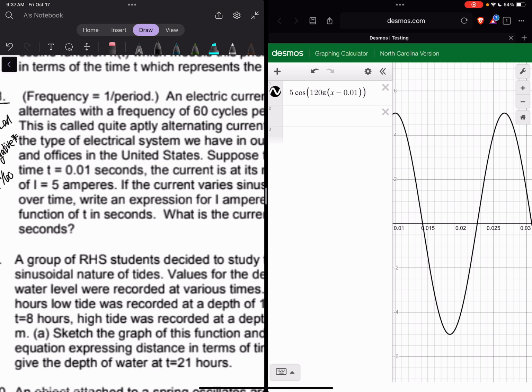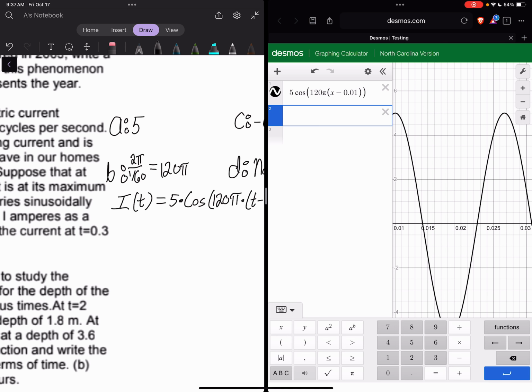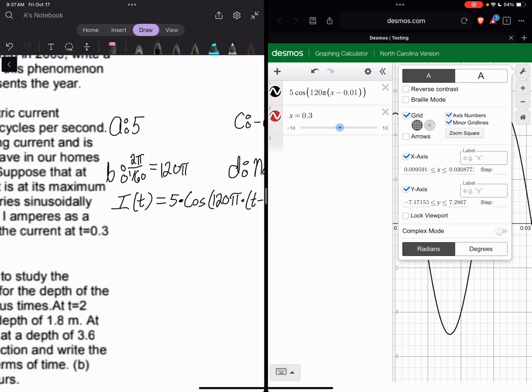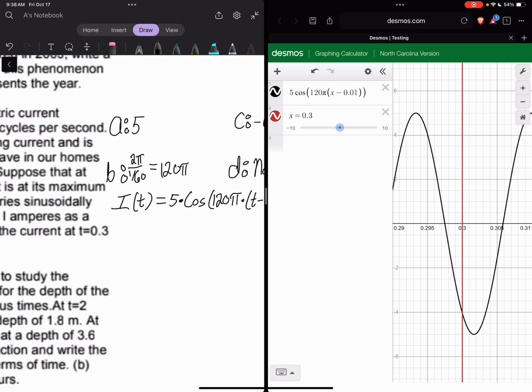What is the current at t of 0.3 seconds? Well, I'm going to type in x equals 0.3. I'm going to go to my domain, make this 0.29, make this 0.31. There's my answer.